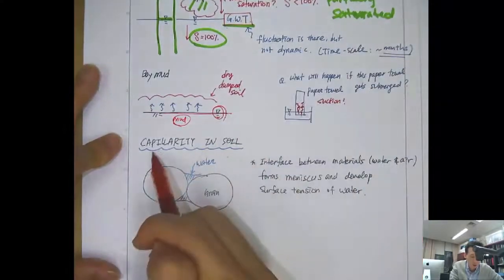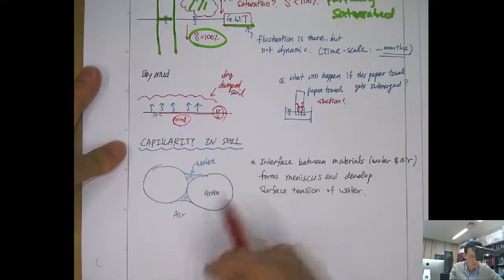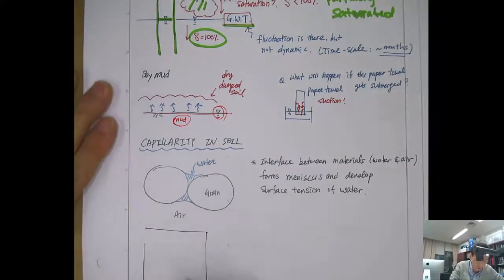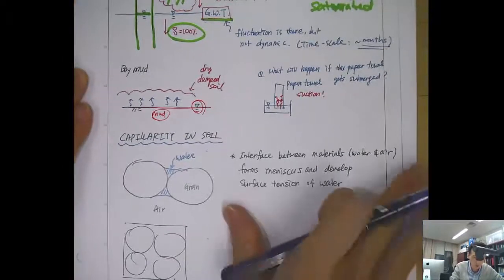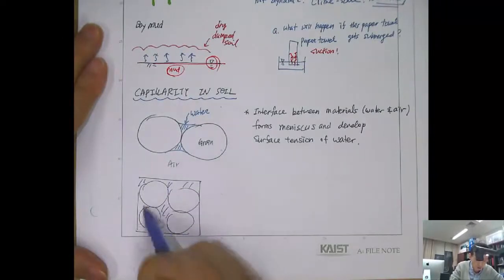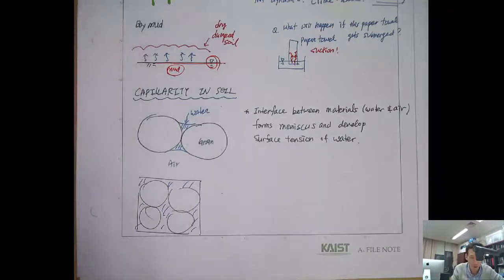So let's look at the capillarity in soil first. When you have a fully saturated soil, like you remember in this kind of picture, it is fully saturated, and the voids are all filled with water, right? So there will be no air.